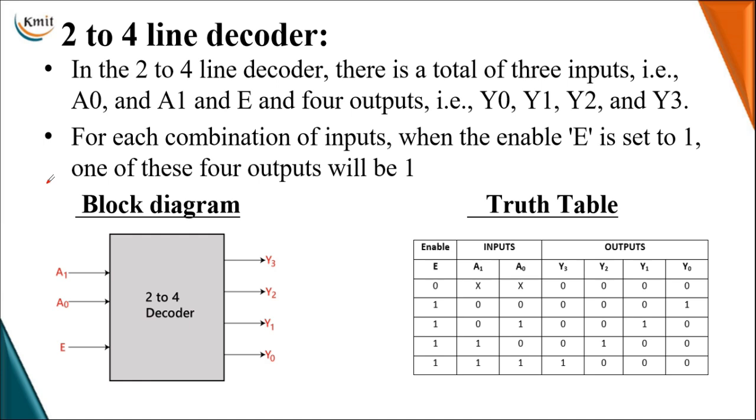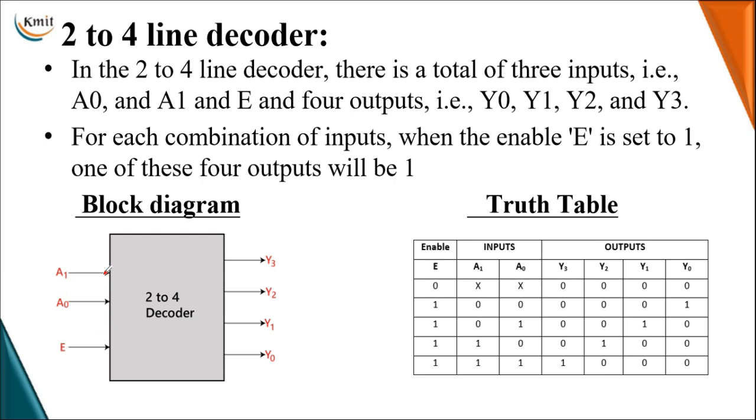Based on your input combination, only one of the outputs is transferred with logic 1, and that depends on what you apply on the inputs A0 and A1. The remaining outputs will give you logical 0.